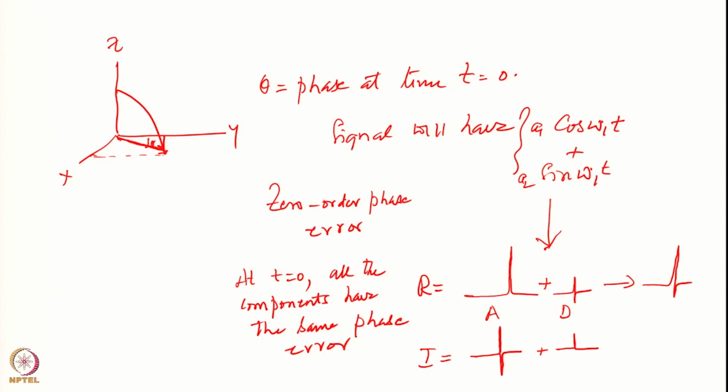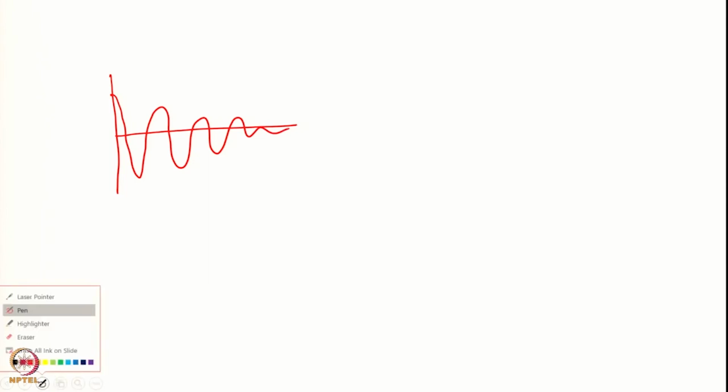Okay. Now, there is another source of phase error, and that is the following. Suppose my FID is supposed to be like this, right, and my data points should be like this, here, here, here.